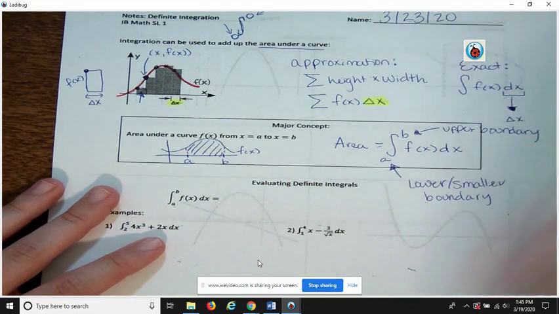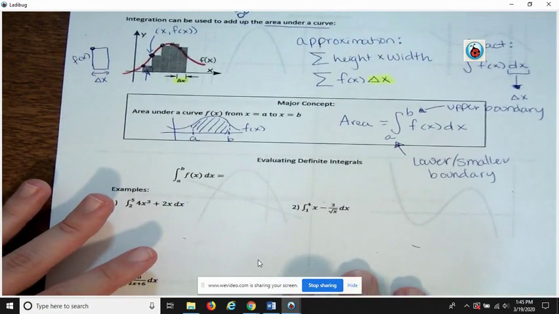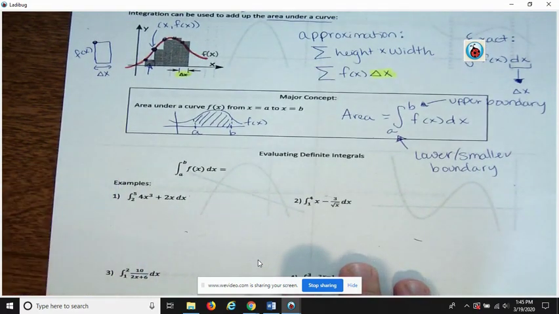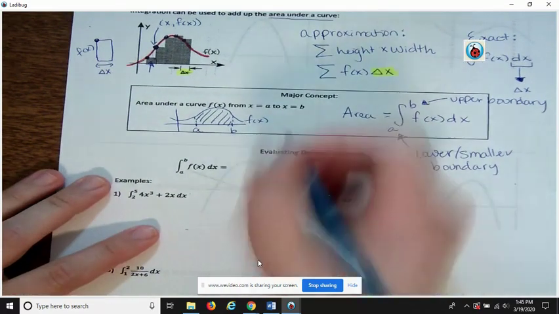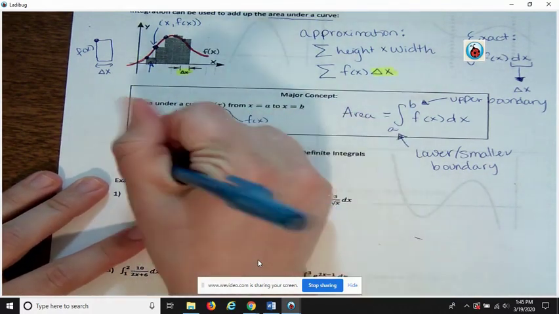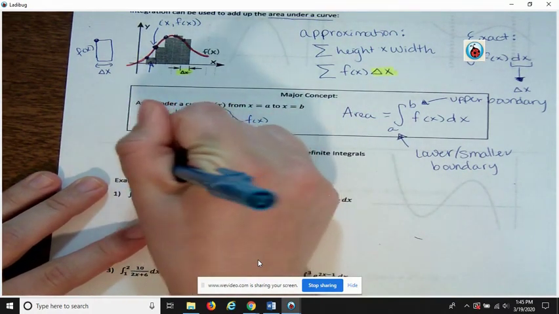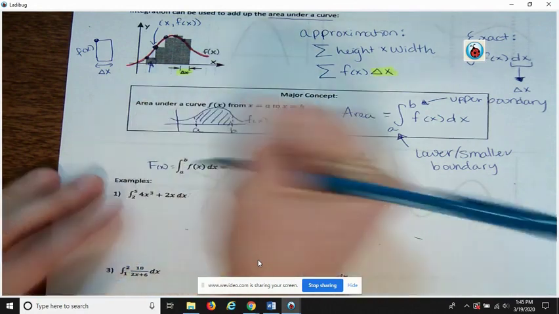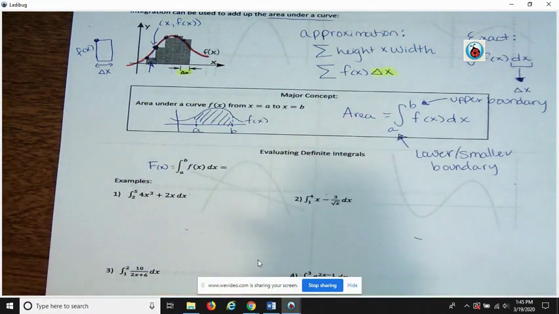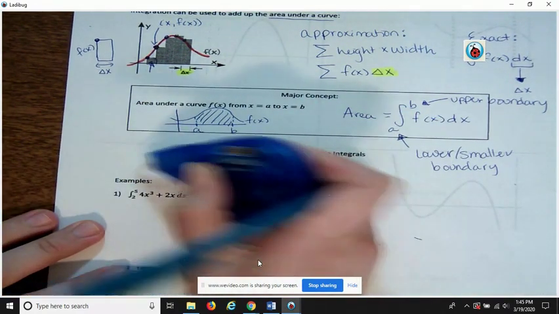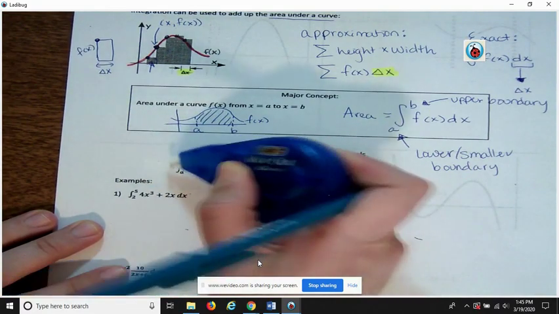So when we evaluate definite integrals, we're going to take the integral just like normal. Do you guys remember that we said big F of x is going to be equal to our integral?